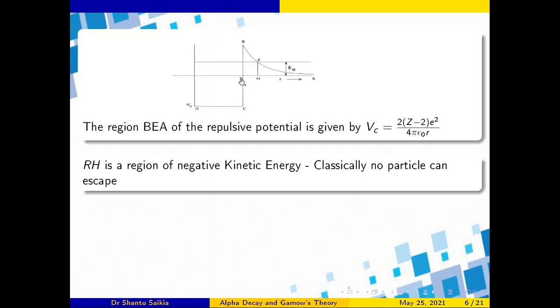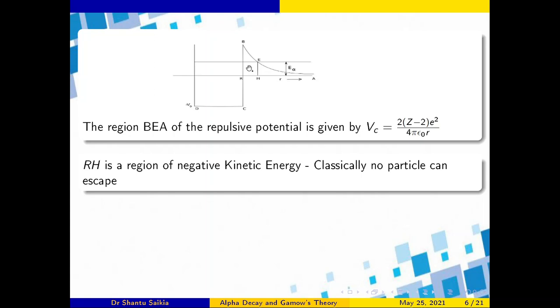Again I am telling you, in the region RH, the potential energy is greater than the total energy of the alpha particle. So the kinetic energy, which is equal to total energy minus the potential energy, will be negative in this region.